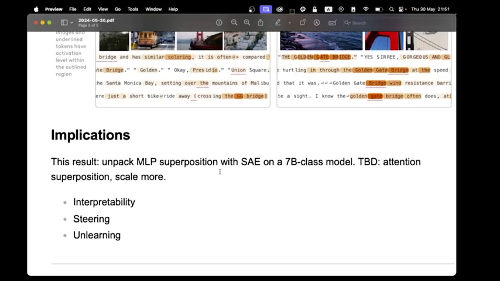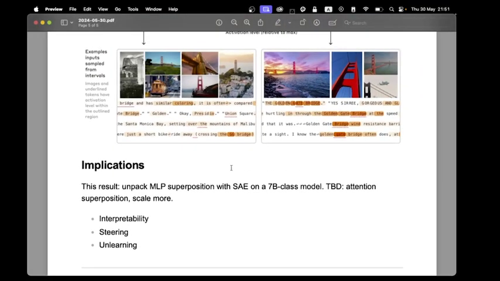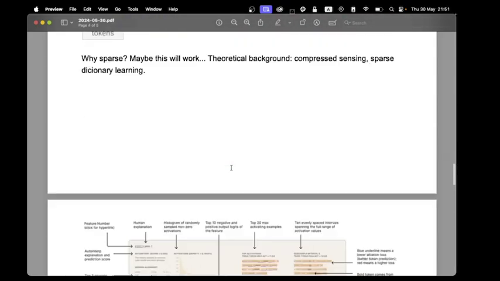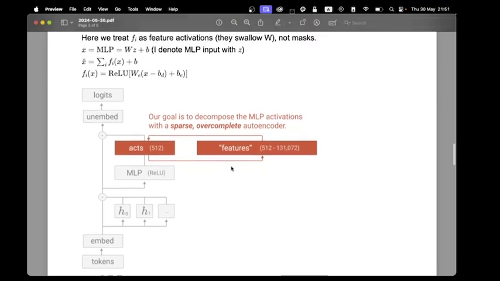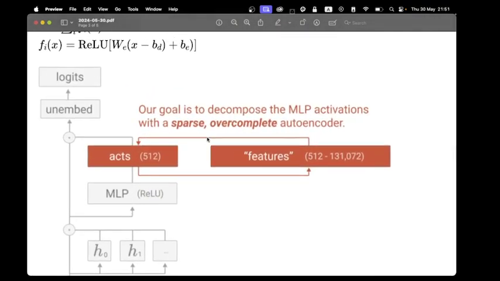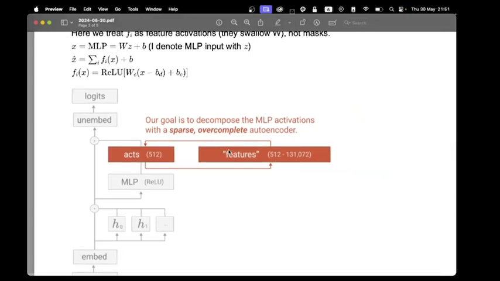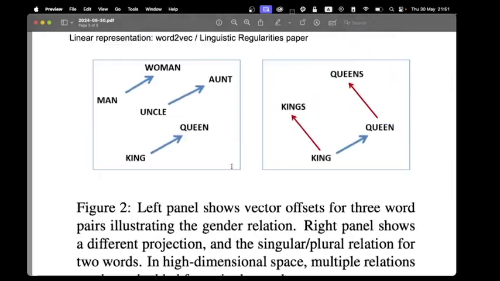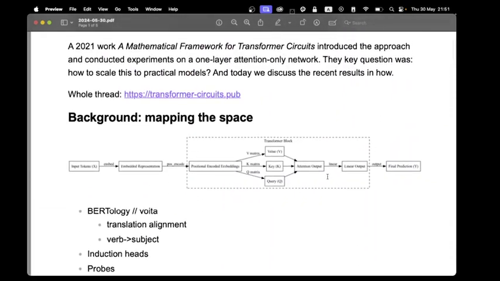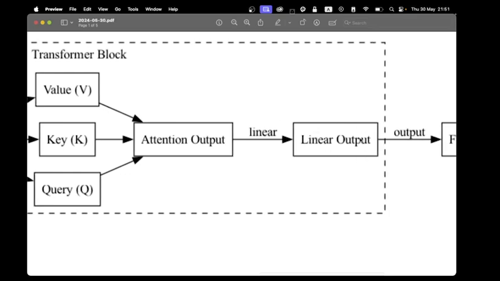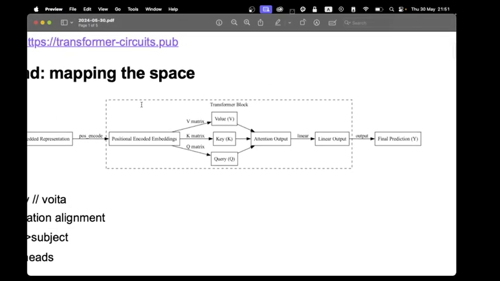And a few directions where future research might go from here. First off, I want to say that this is a very special design because of the sparse overcomplete autoencoder. They could have chosen something else here. And the second reason why this is a special design is because they focus on this box, and there are many boxes here.